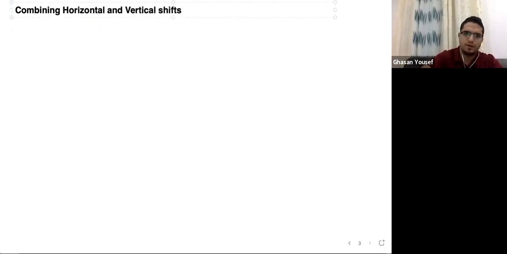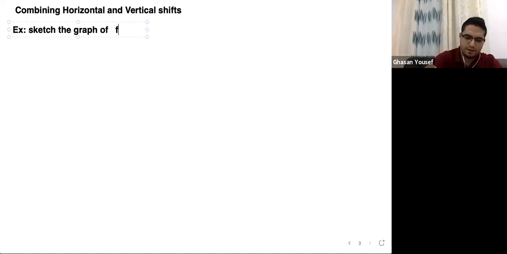Okay, so my example is: sketch the graph of f of x equal square root of x minus 3, and outside is plus 4.